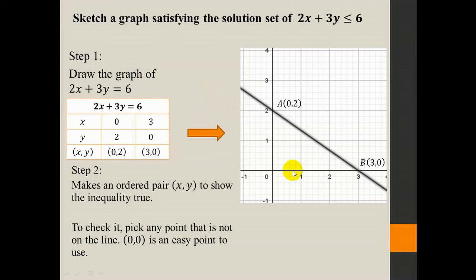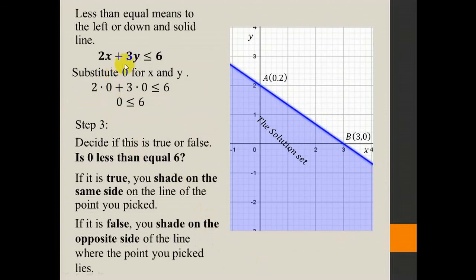After that, like I said before, you can take any point but not on the line. So why do I take (0, 0)? (0, 0) is easier than any point. You don't need to spend your time to answer that question, okay? So when I substitute this one, 0 less than or equal to 6. You decide again.